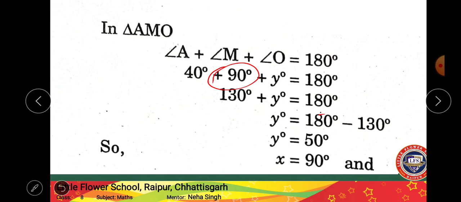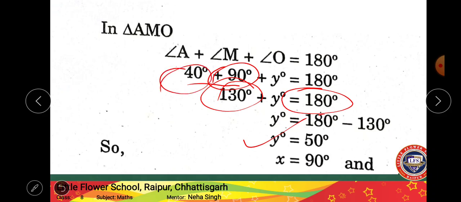Now 40 plus 90 plus Y will be 180 degree. Adding, 130 degree plus Y will be 180 degree. So Y will be 180 minus 130, which is 50 degree. Y is 50 degree and X is 70 degree.